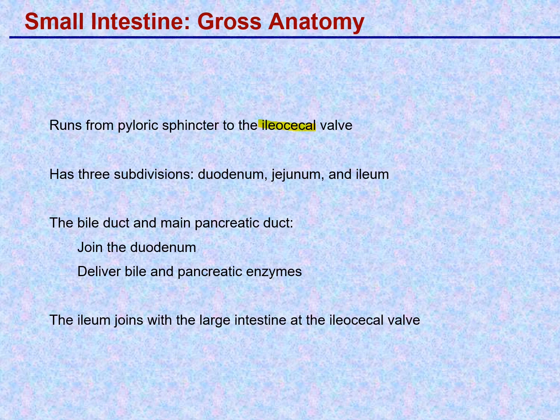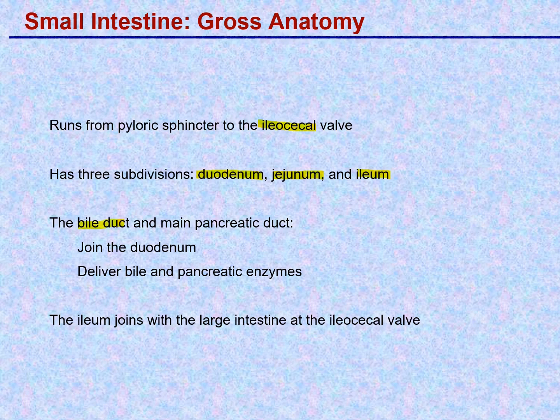There are three sections, subdivisions anatomically, within the space or length of the small intestine. The first is the duodenum, and after that comes the jejunum, and then the ileum. There are ducts which drain secretions from the liver and from the pancreas into the duodenum.